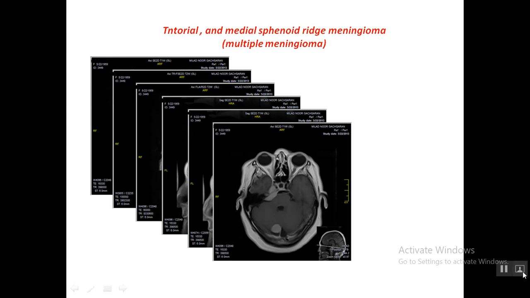This is an interesting case because when we have more than one meningioma in the brain, we could use meningiomatosis or multiple meningioma when the patient has an underlying cause such as NF type 2, neurofibromatosis type 2.